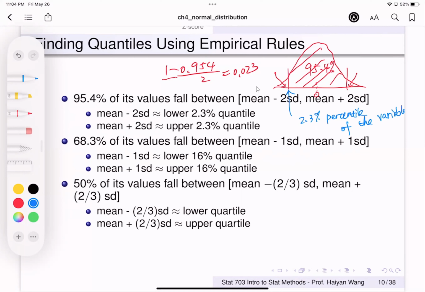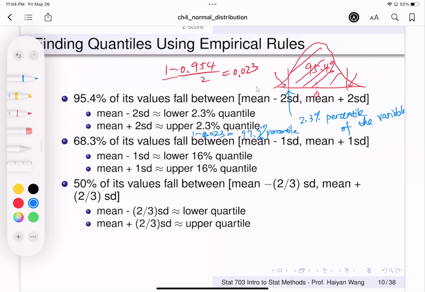And similarly, on the upper end, you can call it the upper 2.3 quantile, or call it 1 minus 0.023, which is the 97.7 percentile. Okay, 97.7 percentile.